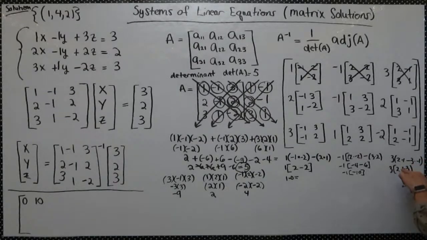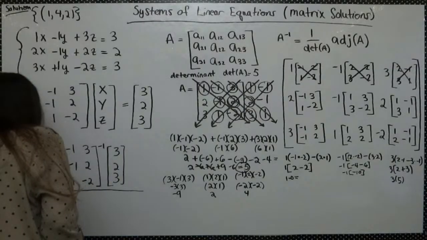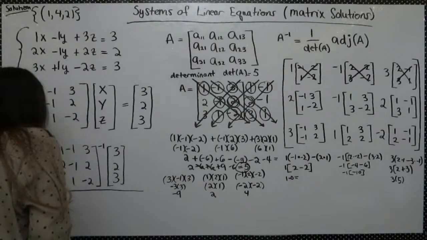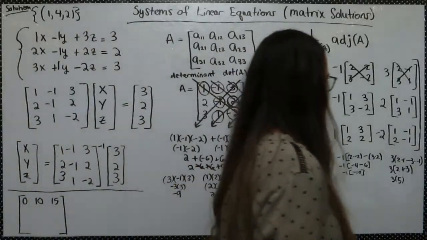So 3 times 2 is 6. All right, so it's going to be 3 plus 5, it looks like 15. So this one will be 15. See if I can fit a 3 by 3 in there.